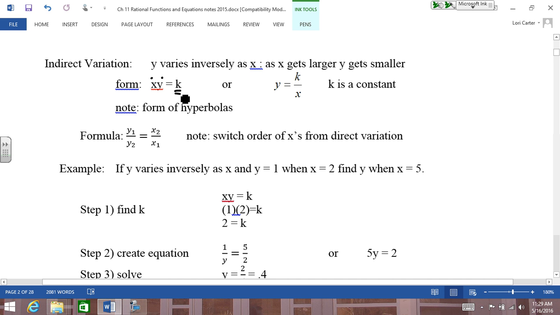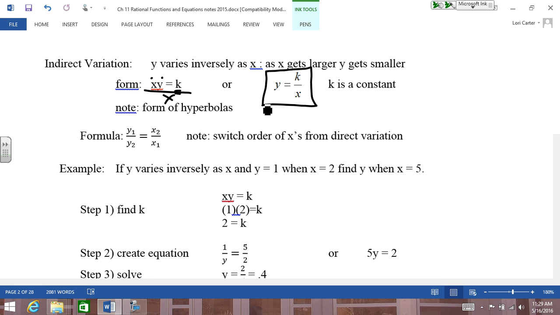But we have to solve for y. So how do I get y by itself? Divide by x. So your equation is y equals k over x. K is your constant of variation again. It's just in a different spot.